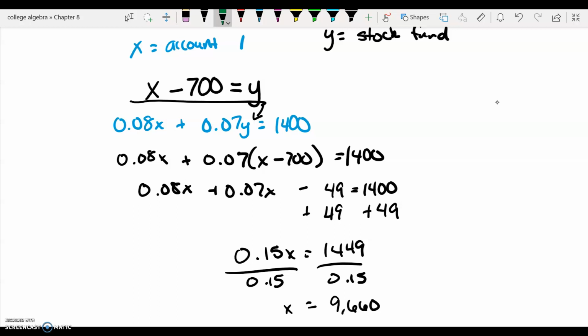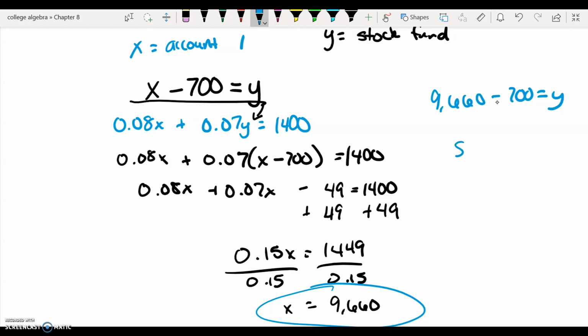So X ends up being $9,660. You'd plug it back in and solve for Y. And that's how much he invested into both of them.